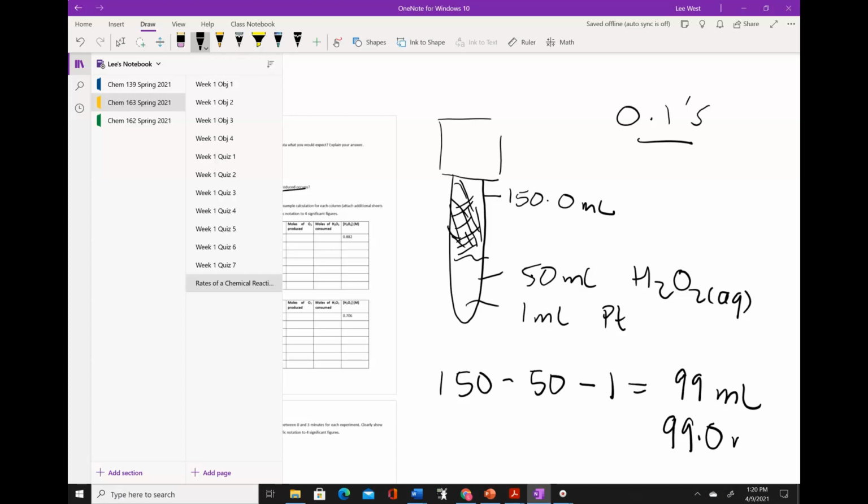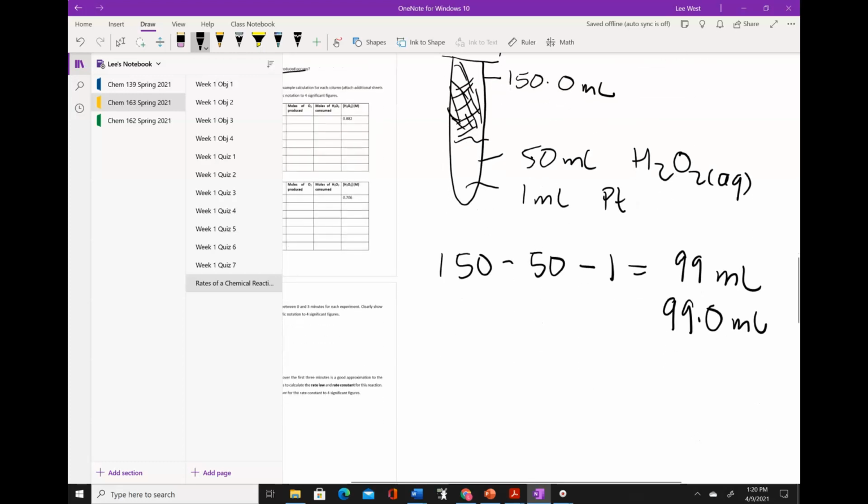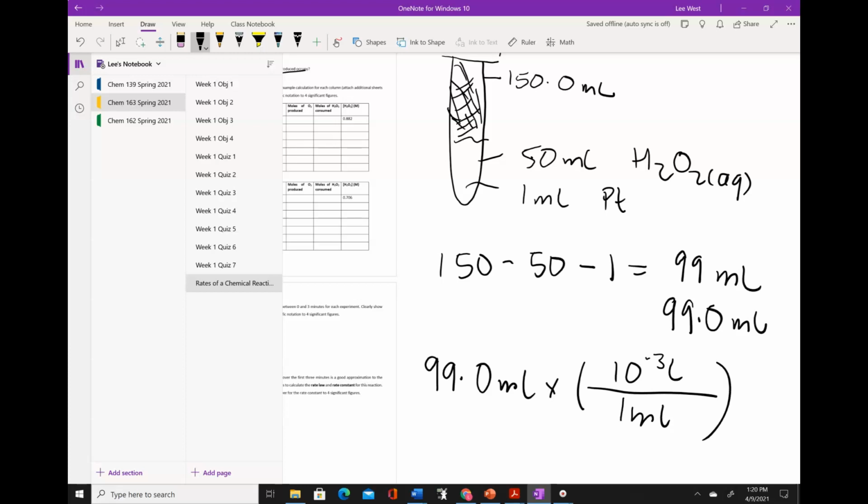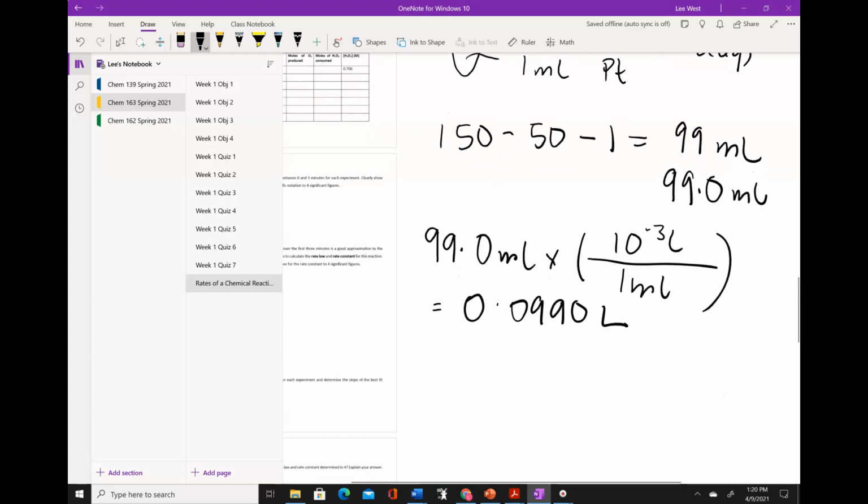But we're not quite done because it wanted it in liters. So we've got to do 99.0 milliliters times 10 to the minus 3 liters for every 1 milliliter. So that means that this is going to be given to 3 significant figures, 0.0990 liters, right?